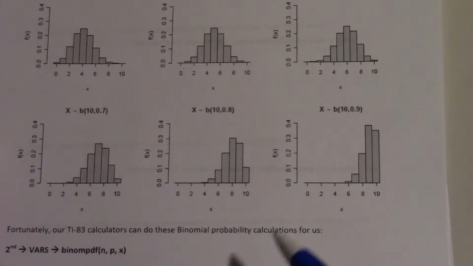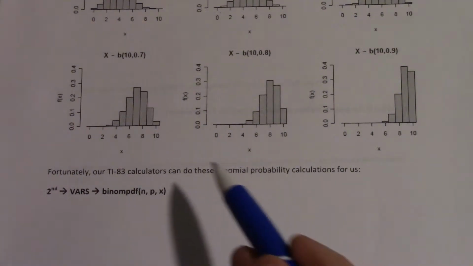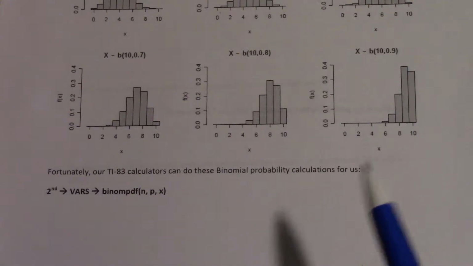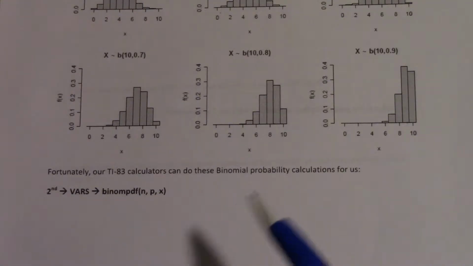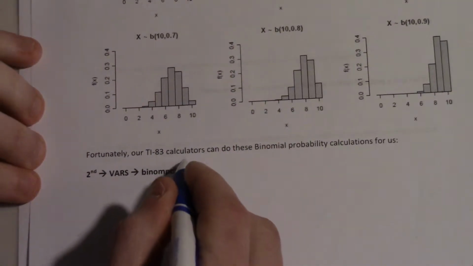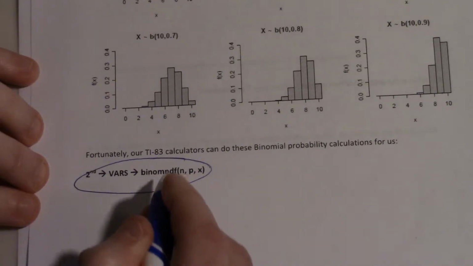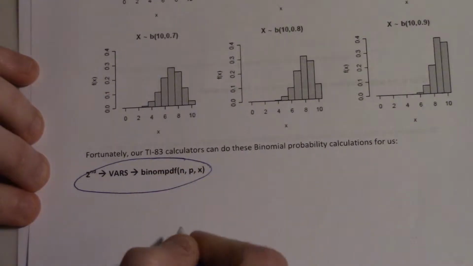So how do we find these probabilities then? If we're not going to use the formula, we don't have to think about all the different combinations, we don't have to use the factorials, well, we have a calculator function. So it's this function called binom PDF.